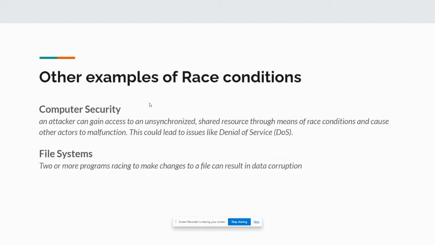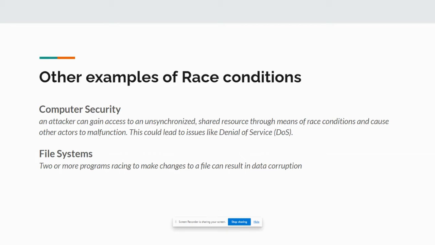On the other hand, we have file systems, where two or more programs racing to make changes to a file can result in data corruption. However, you might have seen that most new software creates a lock file whilst making changes to a document. This is to prevent such race condition issues and data corruption.